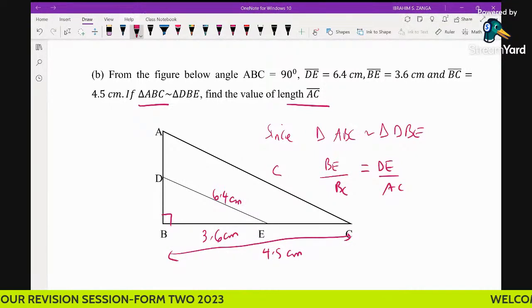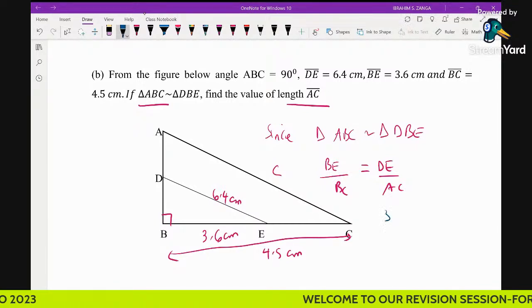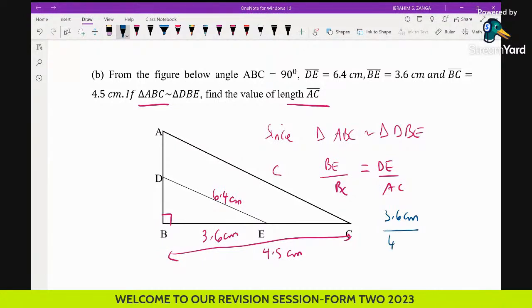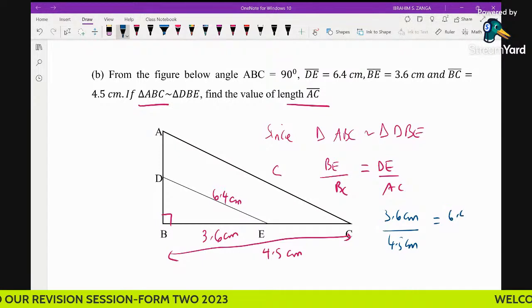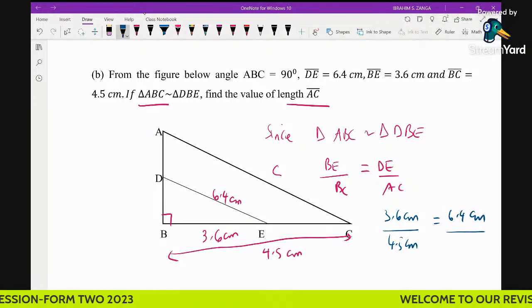So BE 3.6 centimeter divided by 4.5 centimeter equals 6.4 centimeter divided by AC. We don't know the value of it.